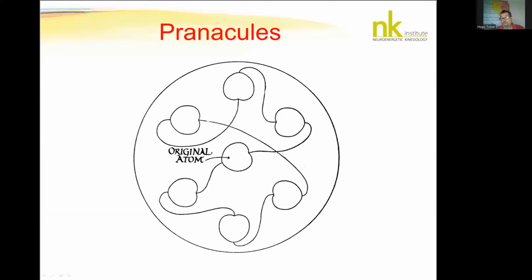I shortened the word pranic molecule to pranacule. We even managed to translate it into German and Russian and Spanish as well. So that's kind of fun.